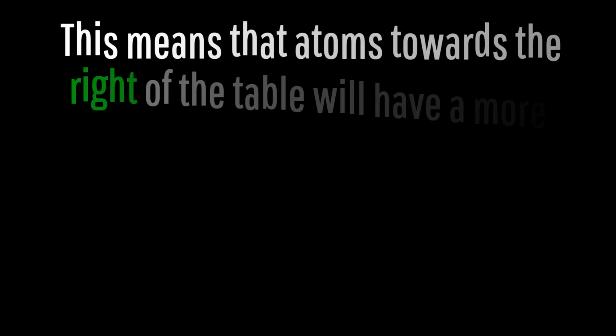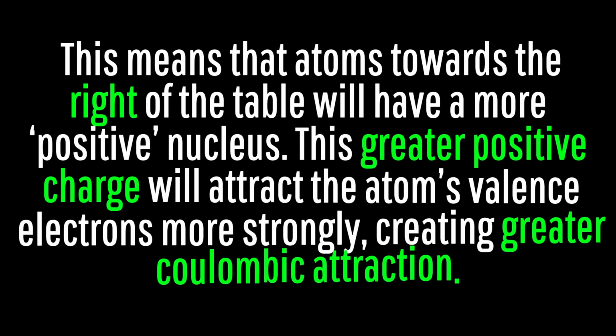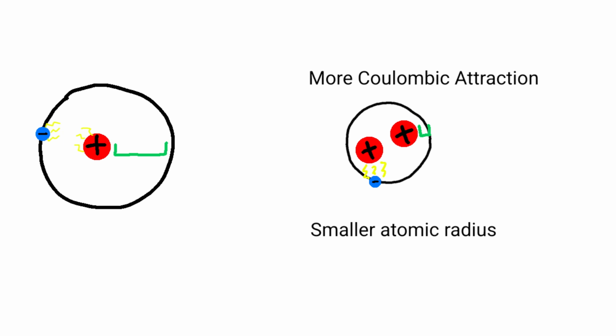This means that atoms towards the right of the table will have a more positive nucleus. This greater positive charge will attract the atom's valence electrons more strongly, creating greater Coulombic attraction. In addition, atoms with a higher effective nuclear charge will also have a smaller radius, as the strong positively charged nucleus will pull the electron shells closer to the nucleus.